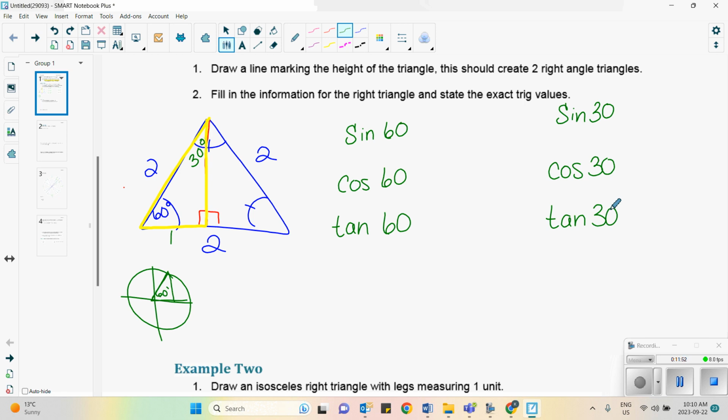Nope, I want you to leave it as fractions, please and thank you. Nobody should have their calculators out.